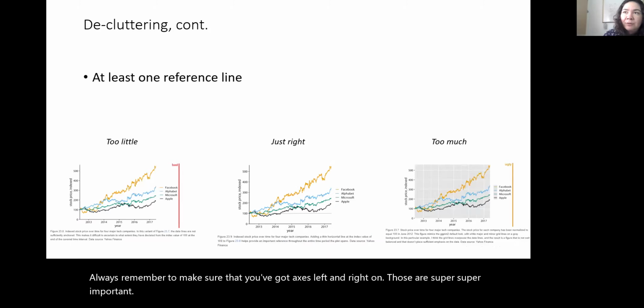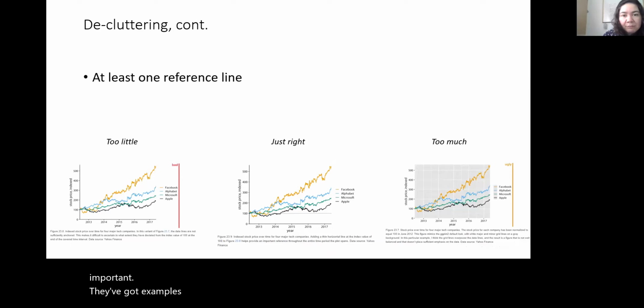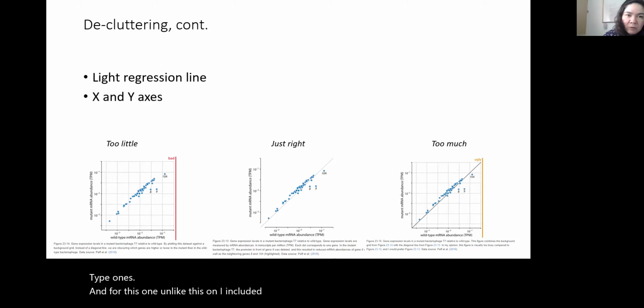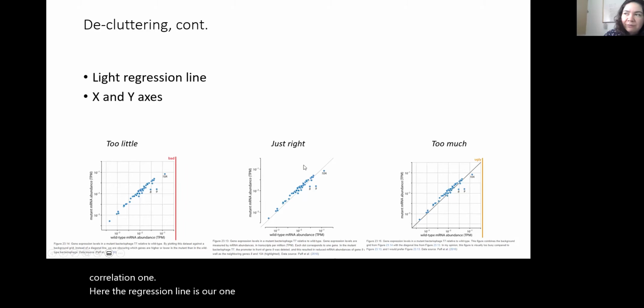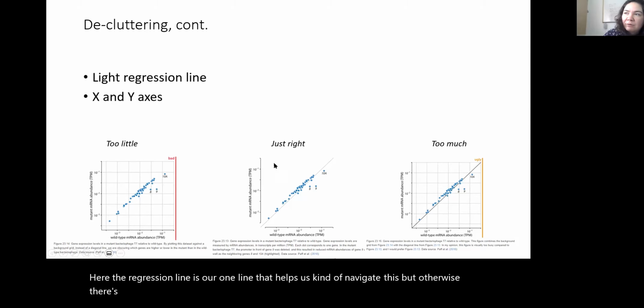They've got examples for line graphs, going back to our time-type ones. For this one, I included it specifically because it's kind of interesting that, like in the correlation one, the regression line is our one line that helps us navigate, but otherwise there's none of that grid stuff in the background.